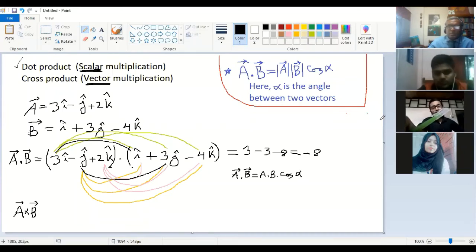On the left side, we have already got this. So what is the value of A dot B? It is minus 8. I'm putting this. And what is the value of A? We did not calculate it, but now you can do the calculation, right?